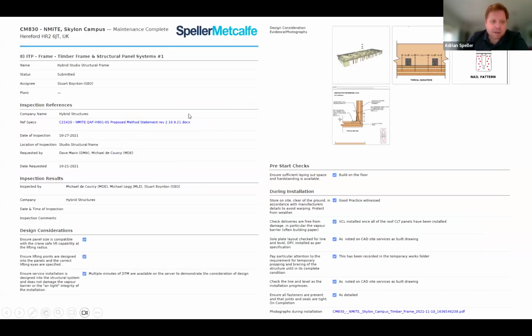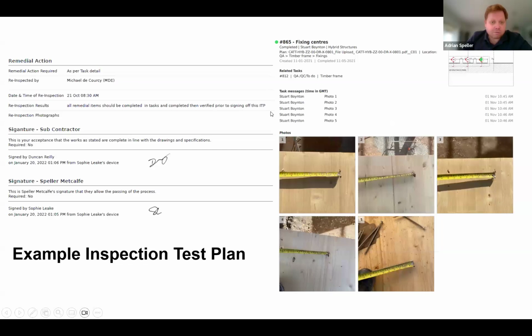Just an example here of an inspection test plan for the timber frame structural panelling system, so you can get a bit of a feel for the level of detail that we were going to, and incorporating the design drawings, incorporating checks, craneage lifting checks, incorporating installation checks, bespoke really to the project, but a very thorough record of quality control going on, and sign off again required by the subcontractors to give that ownership of quality and our own site supervision team.